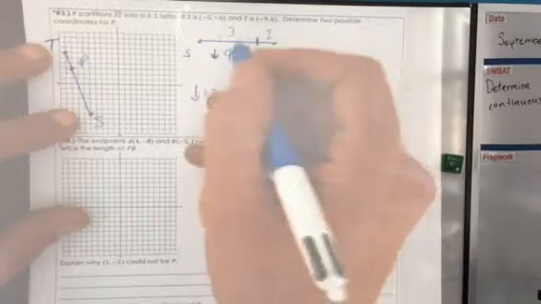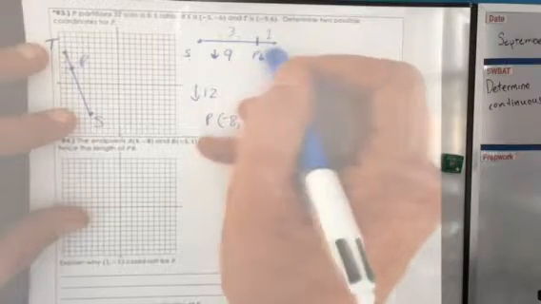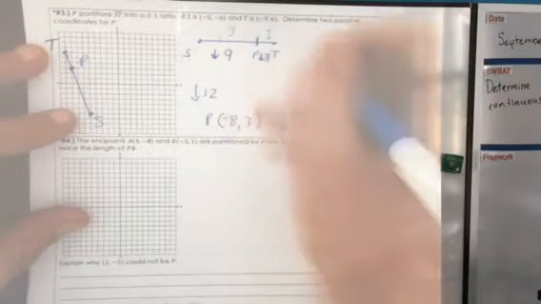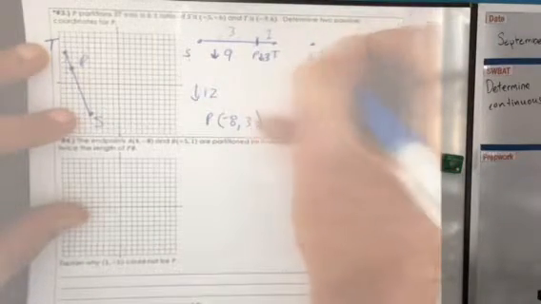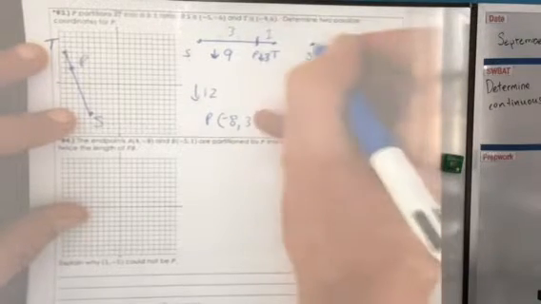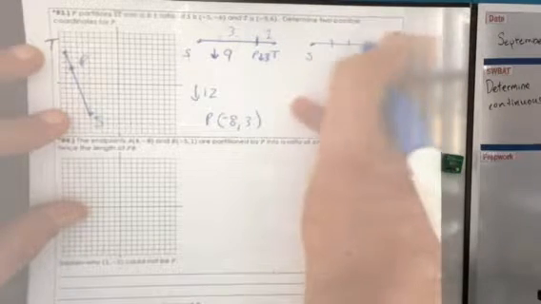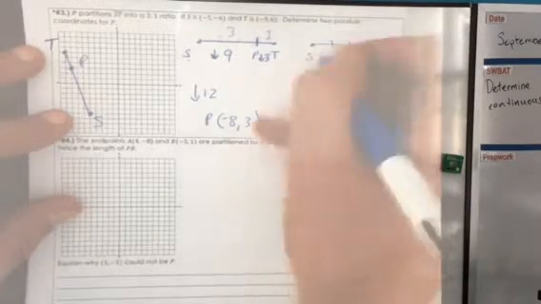So the other way we could do this is, instead of doing 3 from S to P and then 1 from P to T, we could switch them. So it could look like this. From S to T, again divided into 4 pieces, and now put P closer to S like this.